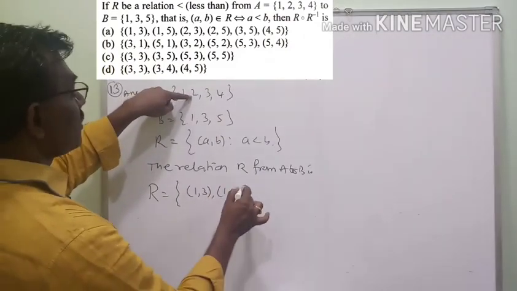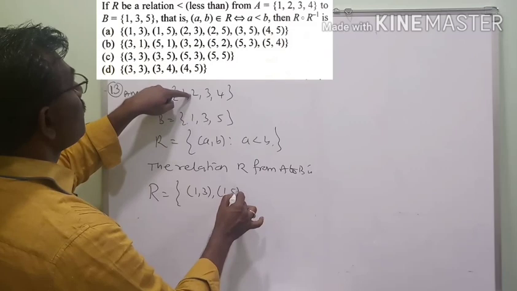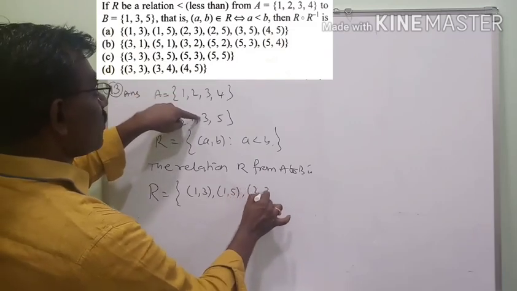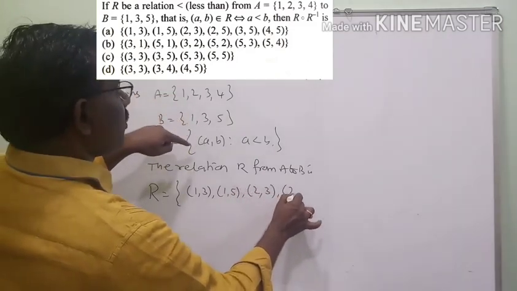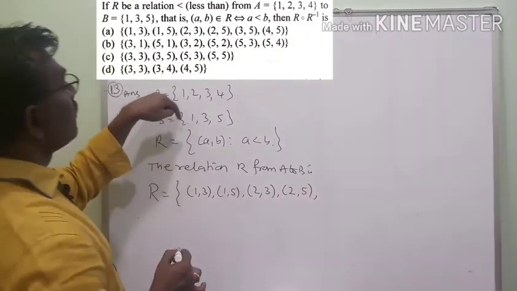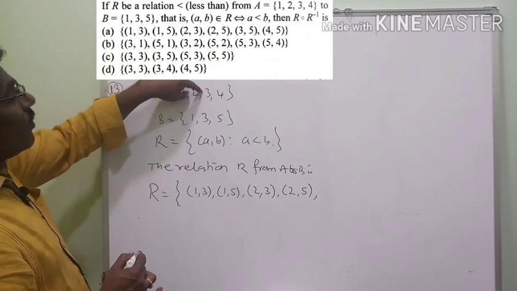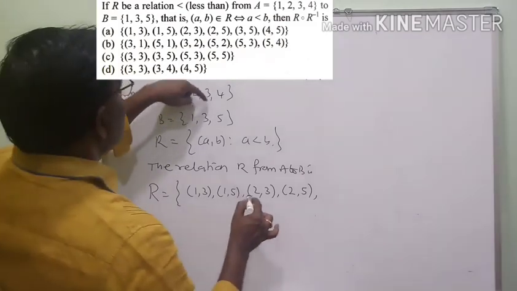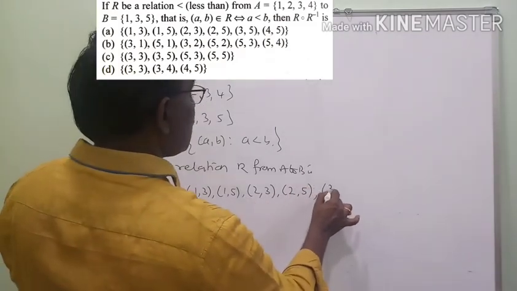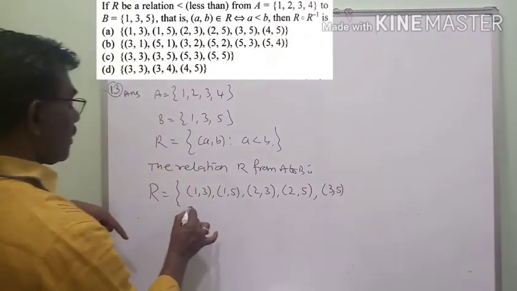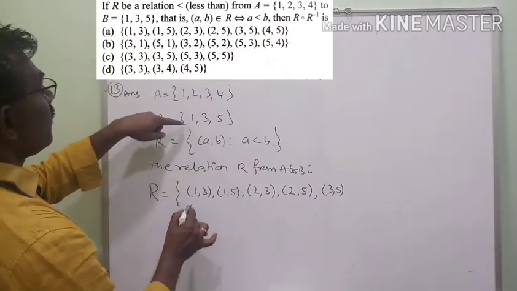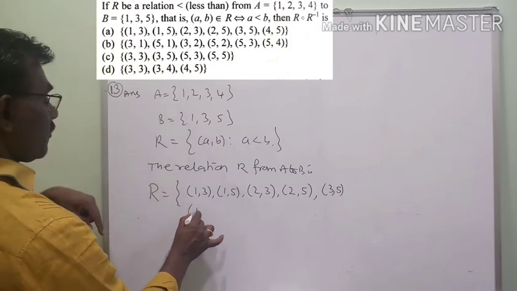Next, 2 comma 1 does not come, 2 comma 3 is okay, 2 comma 5. 2 is over. 3 comma 1 no, 3 comma 3 no, 3 comma 5. Next 4 comma 1, 4 comma 3, 4 comma 5.